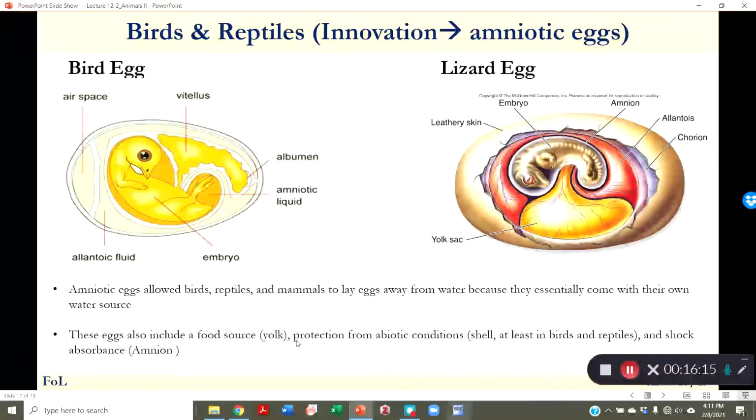Eggs also include yolk as a food source. They have protection from abiotic conditions because they have the shell. In mammals, they're inside, so that protection is a little different. But in birds and reptiles, the shell is really protecting the developing embryo. And they have shock absorbance in the amnion.